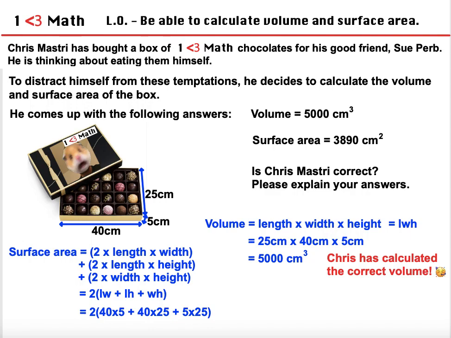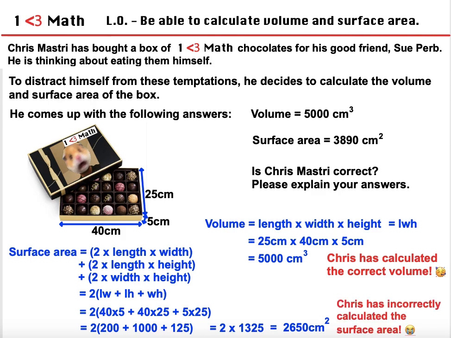So the total surface area is going to be 2 times, that number comes to 1,325 in total. So the total surface area is 2,650 centimeters squared.